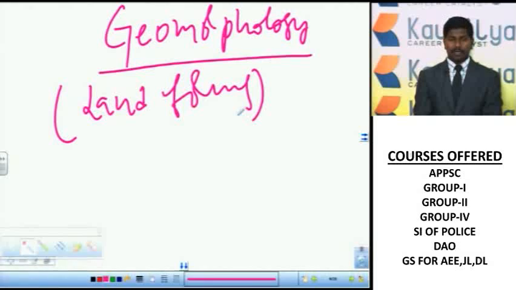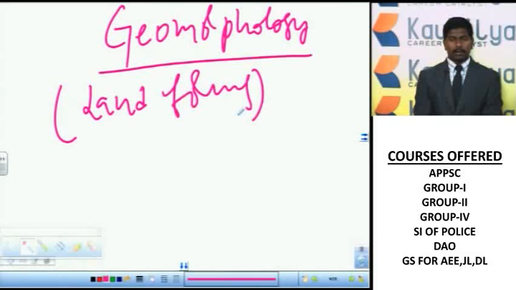These landforms are developed on the Earth's surface by different mechanisms and processes. The study of the evolution of these landforms, the types of these landforms and the distribution of the landforms is nothing but geomorphology, which is the first chapter of world physical geography.